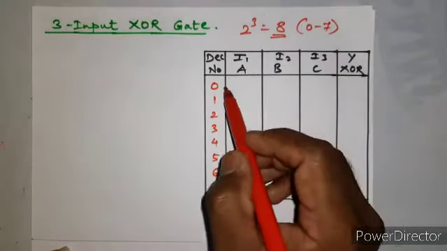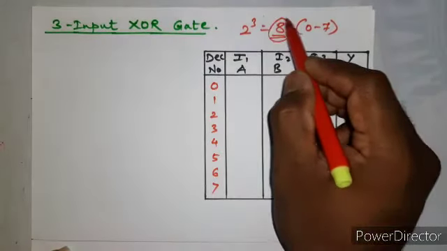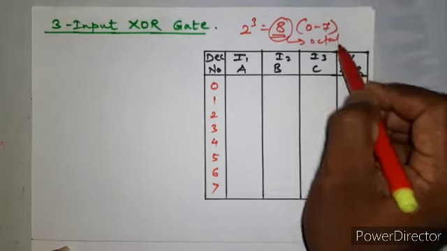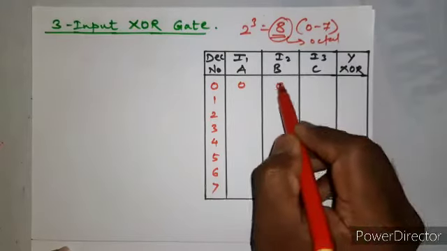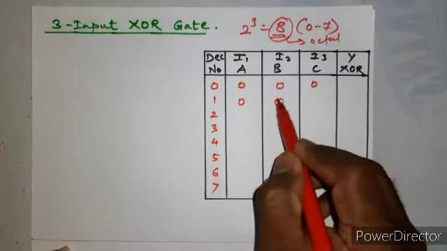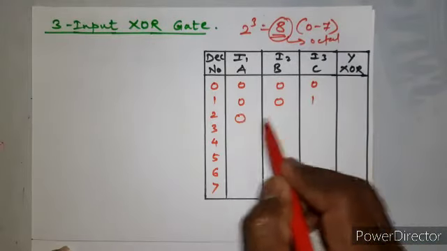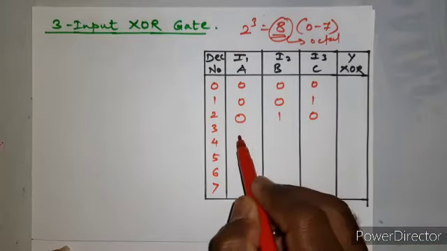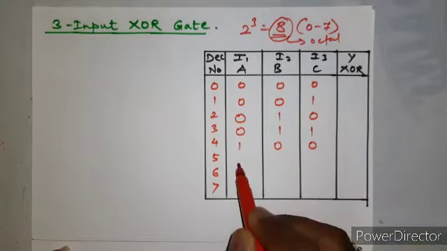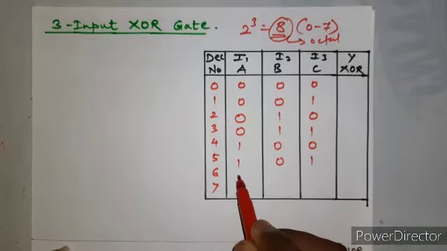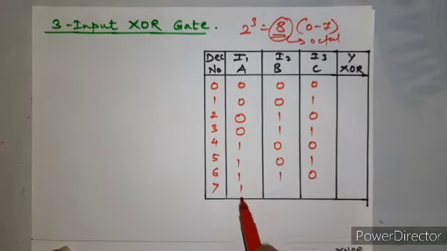Since it is 8, as we have seen for octal, we need to represent this in 3 bits: 0 0 0, 0 0 1, 0 1 0, 0 1 1, 1 0 0, 1 0 1, 1 1 0, 1 1 1.